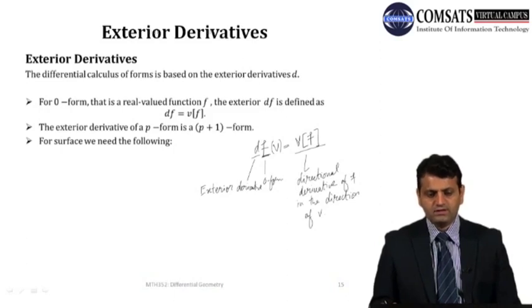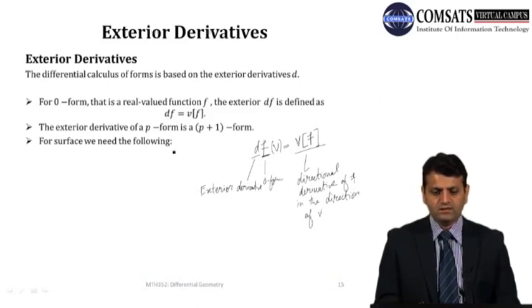Similarly हमने exterior derivative define किया था two forms का और one forms का. So exterior derivative of one form is a two form, exterior derivative of zero form is a one form, up to so on. In general, exterior derivative of a p form is a p plus one form.